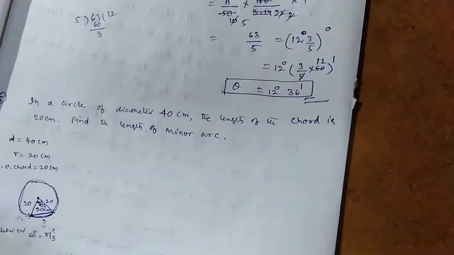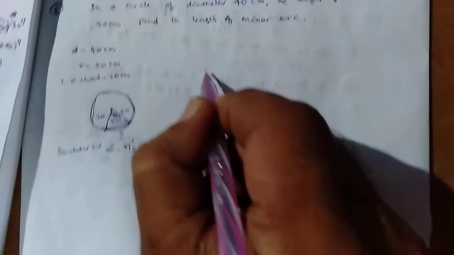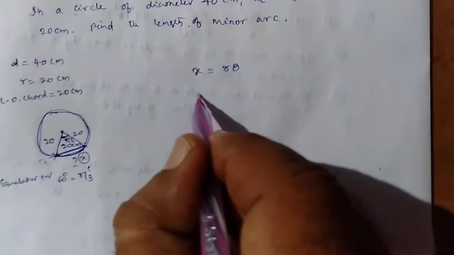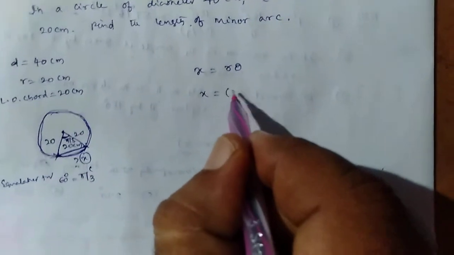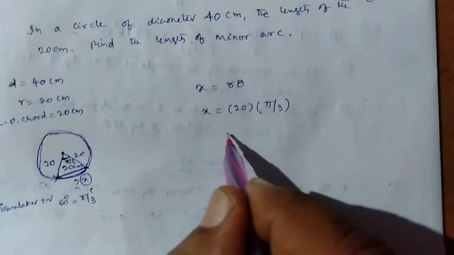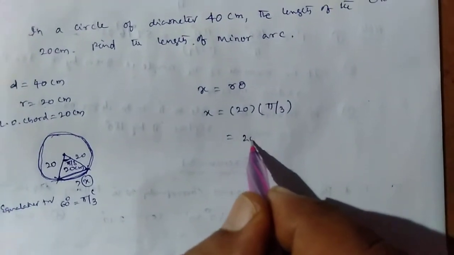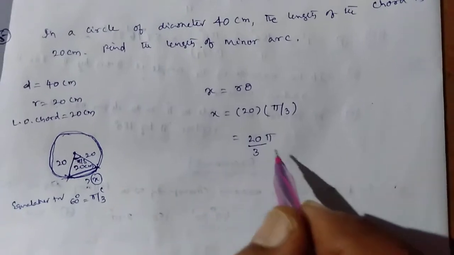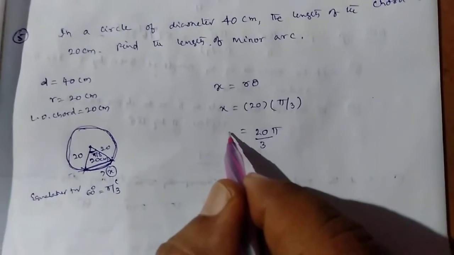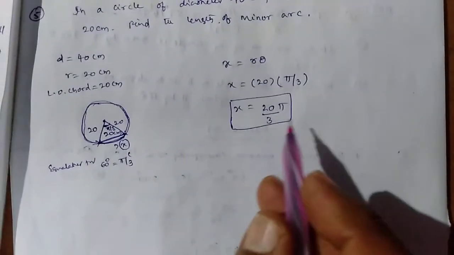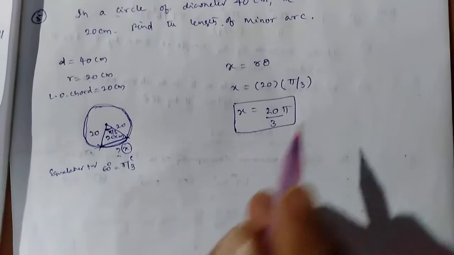Am I right? Also we have the formula x is equal to r into theta. X means this is length, x is equal to r, which is 20, and theta is equal to pi by 3. So 20 into pi by 3. This is the required solution, given in radian measure. X is equal to 20 pi by 3.